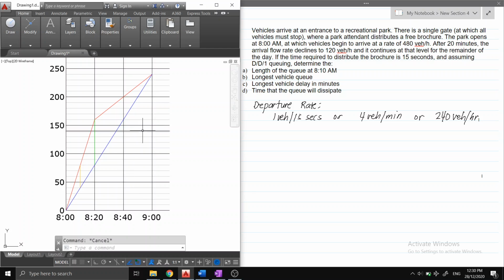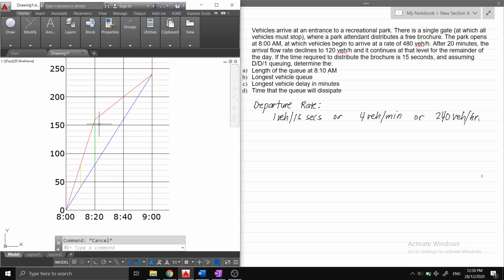And for the next question, the longest vehicle delay in minutes. So, kung yung longest vehicle queue ay yung nasa y-axis, yung longest vehicle delay in minutes naman is nasa x-axis. Hahanapin natin ulit yung pinakamalayo.